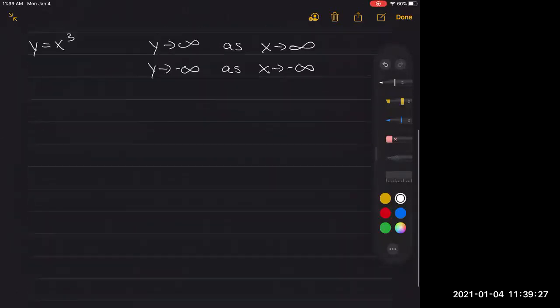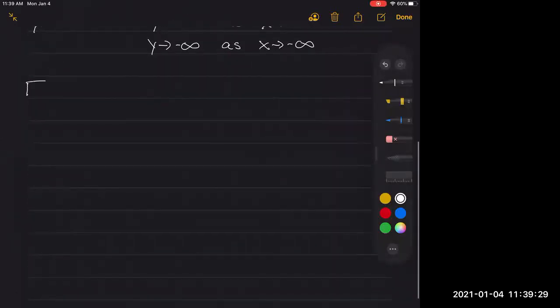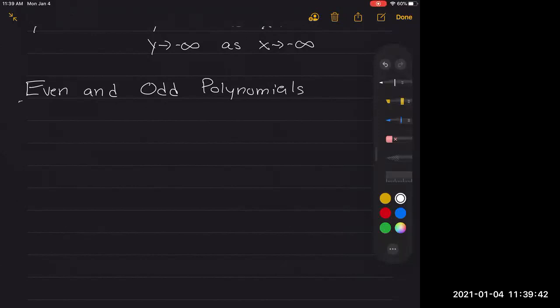All right, so we have these two terms, even and odd polynomials. And this will make a lot of sense once we write out exactly what this means, their name.